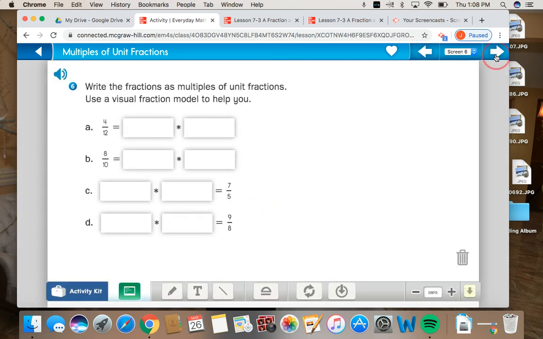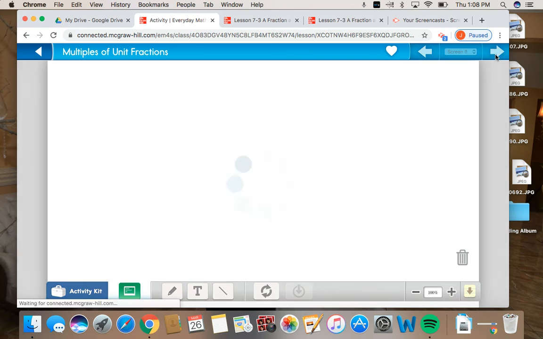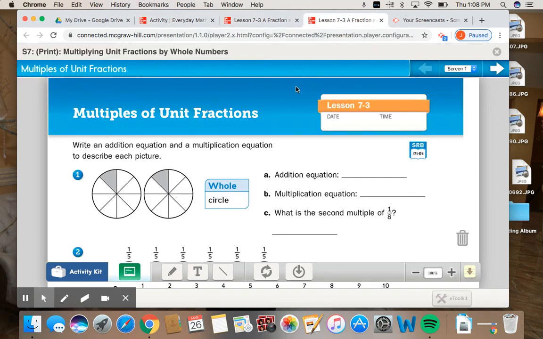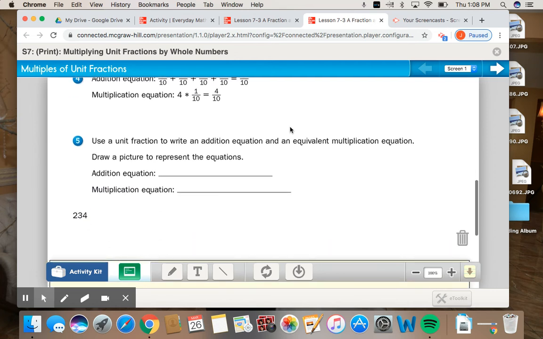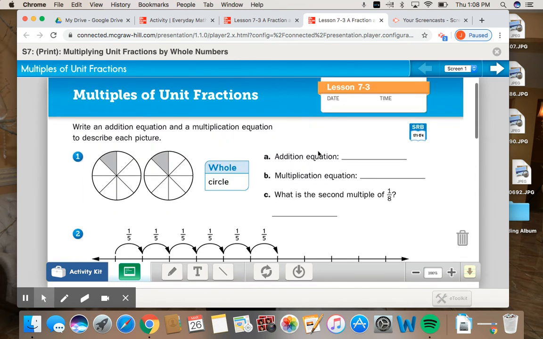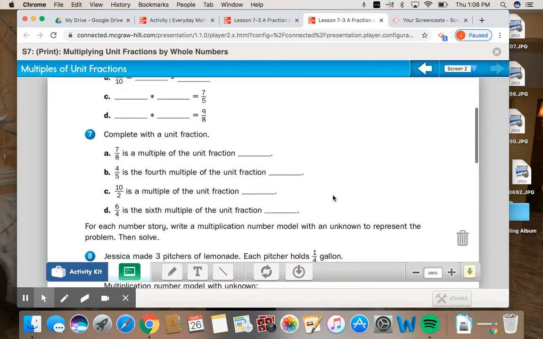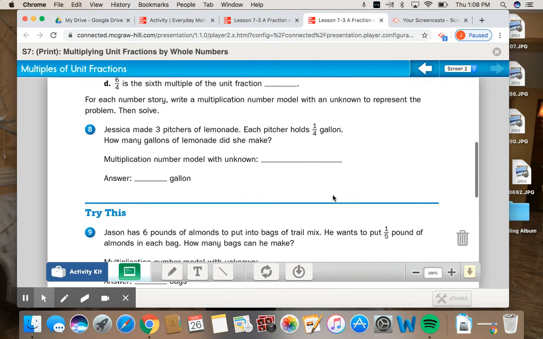Number 6, remember you can pause your screen to do the work, to write it down. And here is your try this. This is what it looks like if you're doing the journal page. You're going to be doing page 234 and page 235. And this is what they look like. And yes, you should do the try this.